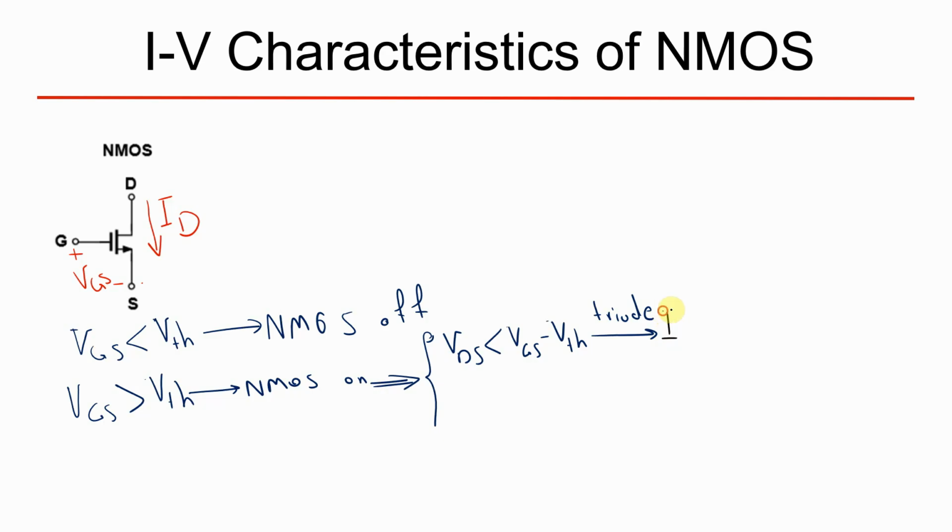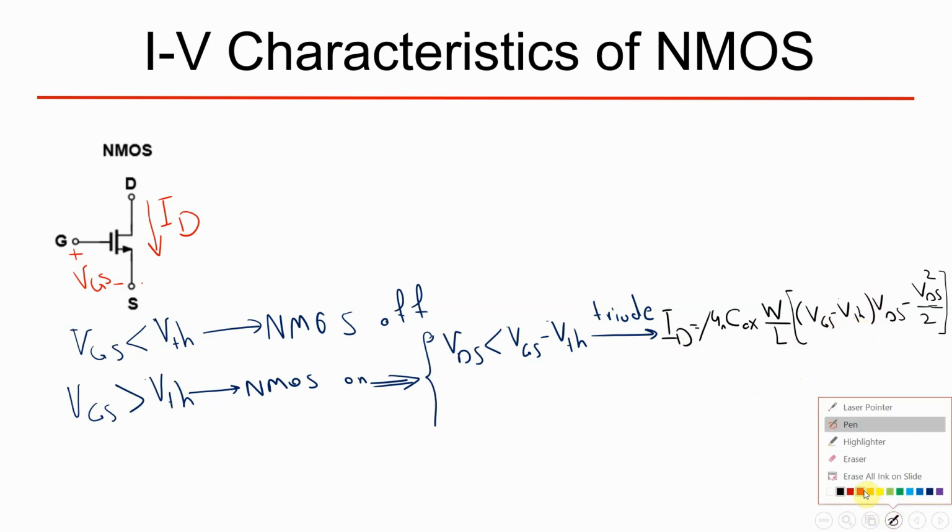In triode region, drain current equals mu n, which is the mobility of electron, times the oxide gate capacitor of this transistor, times W over L, which is the dimensions of this transistor, times the difference between gate source voltage and the threshold, times drain source voltage minus drain source voltage to the power of 2 divided by 2. This is the relationship between drain current and other parameters of this MOSFET.